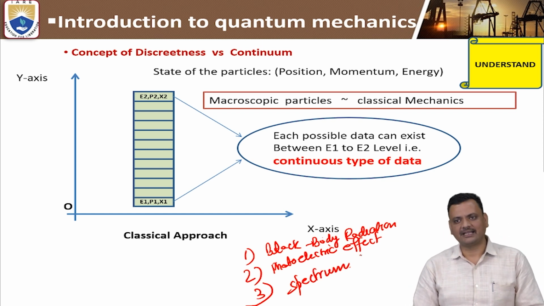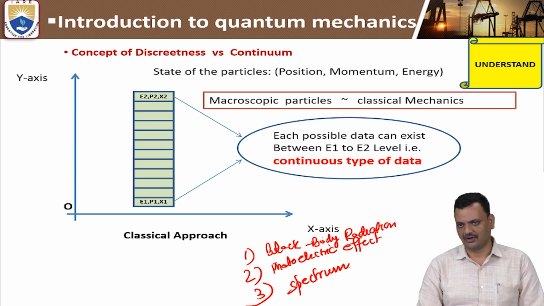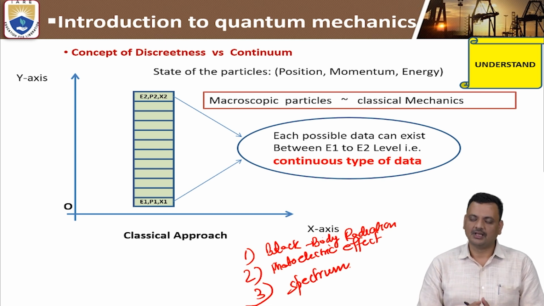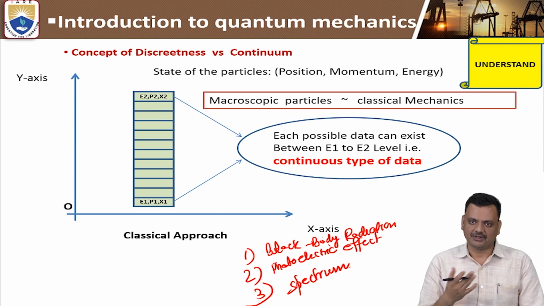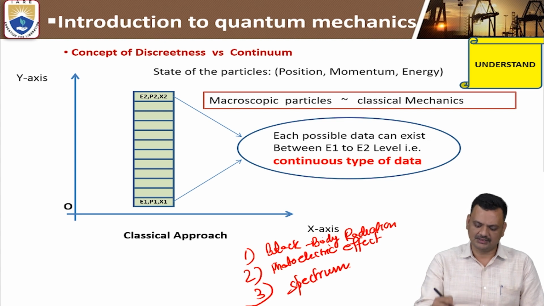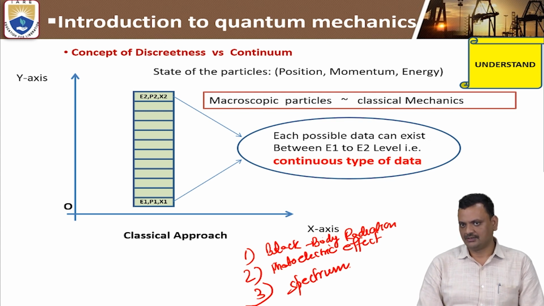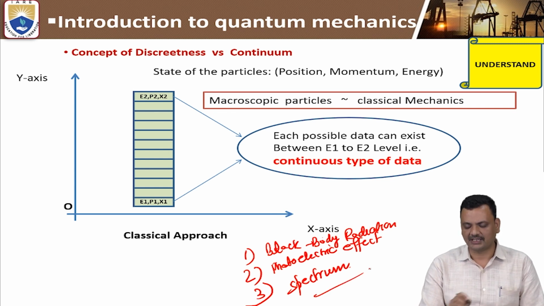When classical mechanics failed to explain these three phenomena, scientists tried to evolve a different theory that could explain them. That is the reason behind the origin of quantum mechanics, mainly these three experiments.